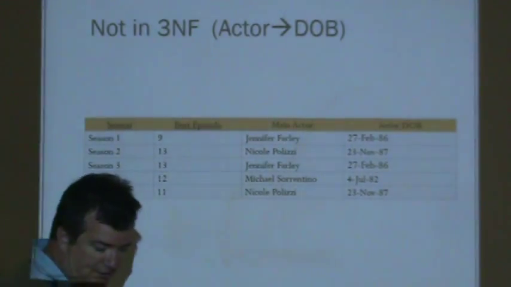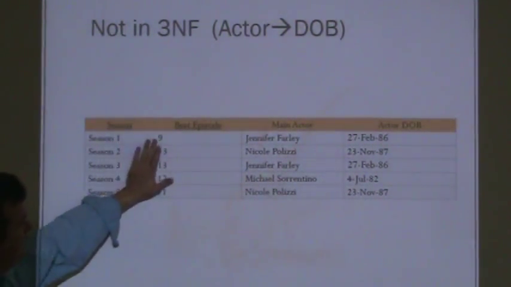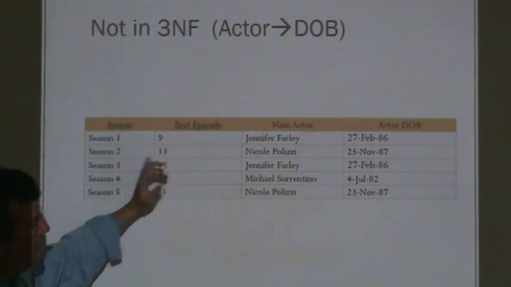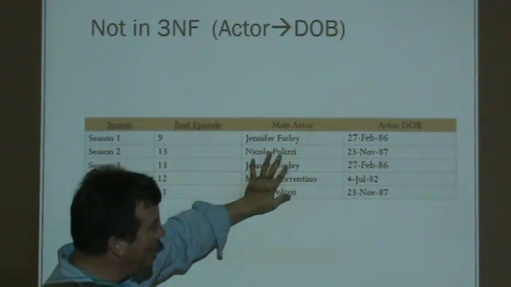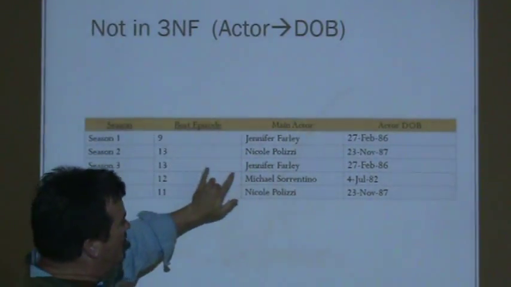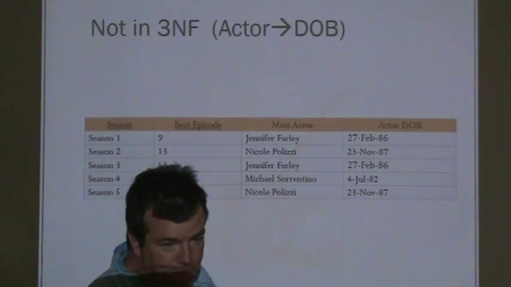Okay, so in this table, the candidate key is again season and episode. You give me a season, you give me an episode. I can then tell you exactly who the main actor is for that season, that episode. And then once I know who the main actor is, I can tell you that actor's birthday.